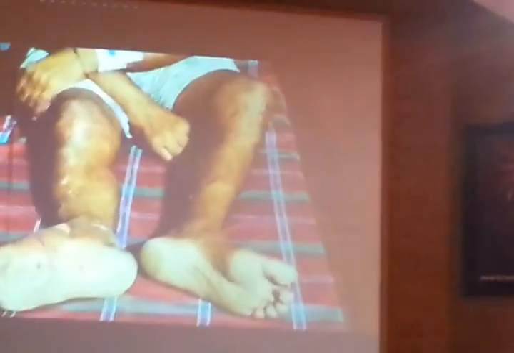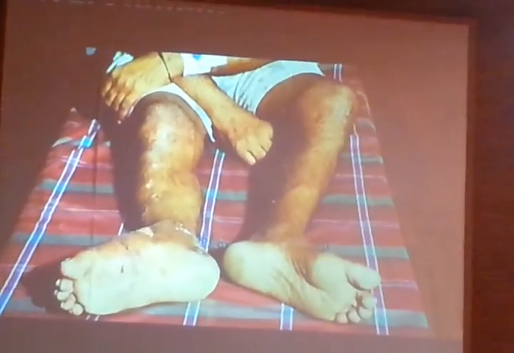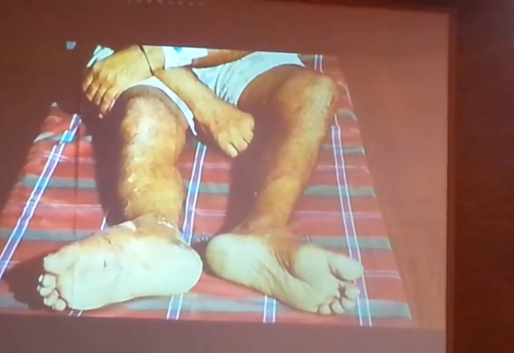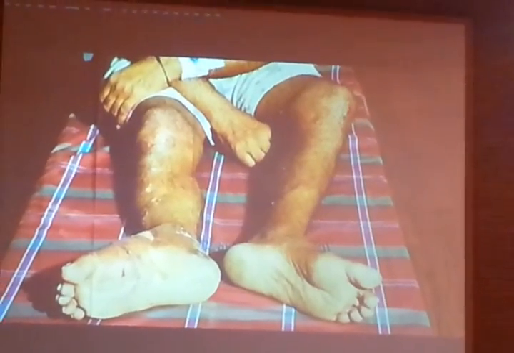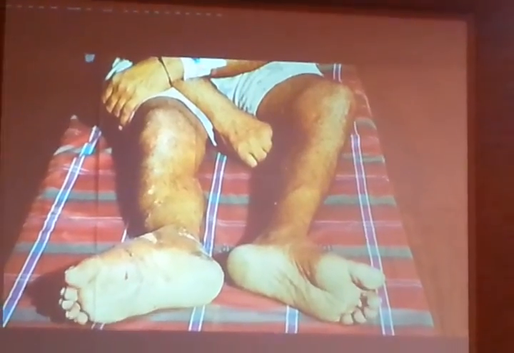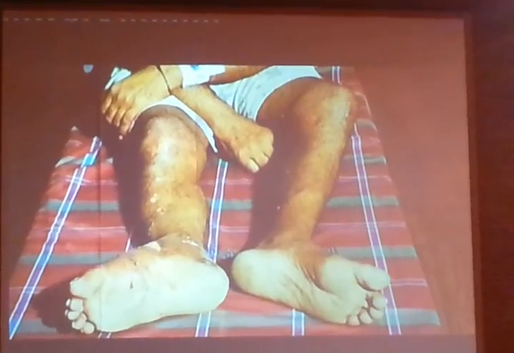Something to do with the rotation. There is no pain on deep palpation. The fracture site, the exact borders cannot be palpated.